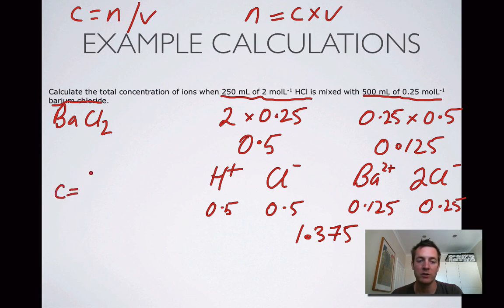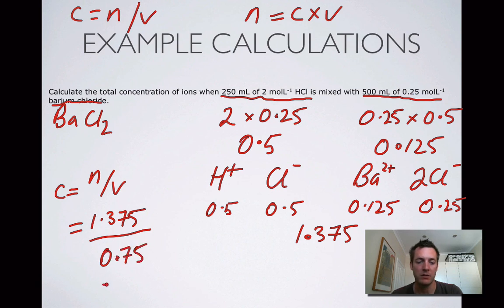Remembering that the concentration is N on V, we can now say that that is 1.375 divided by the volume, which is 250 plus 500, so 0.75.